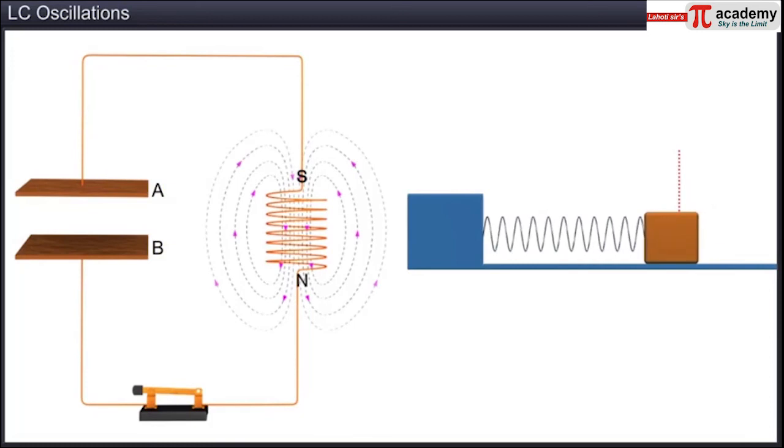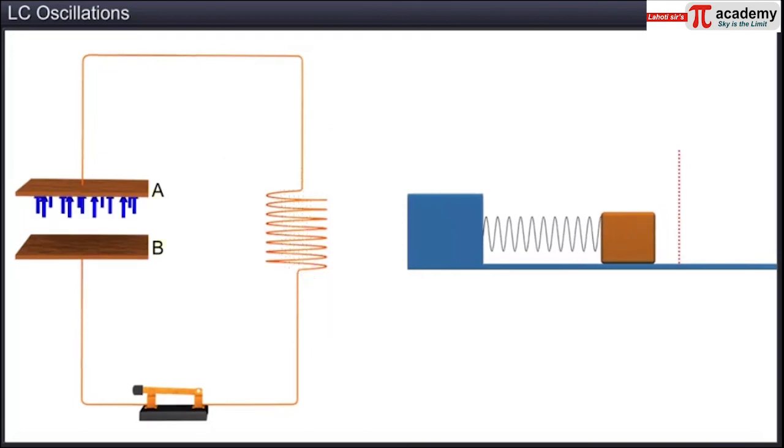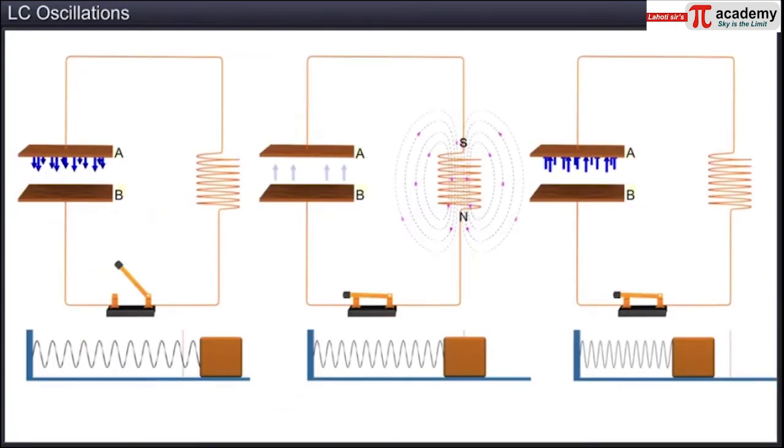When the spring goes to the other extreme, the kinetic energy is again converted back into potential energy. In a similar manner, in LC oscillations, the energy oscillates between the electric field due to the capacitor and magnetic field due to the inductor.